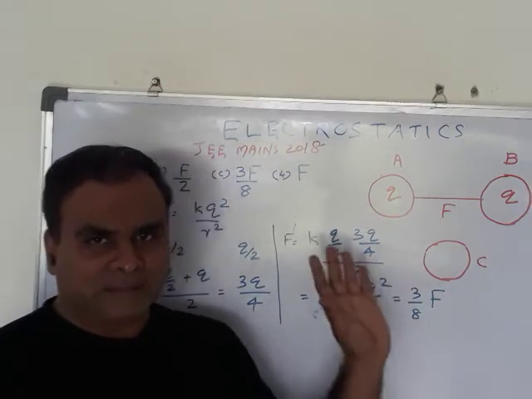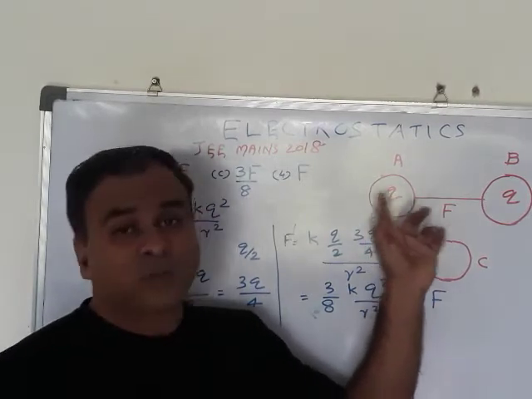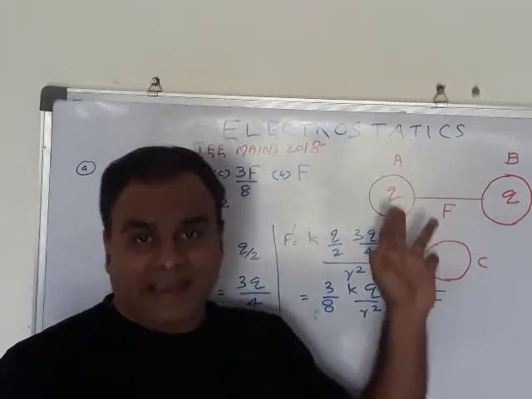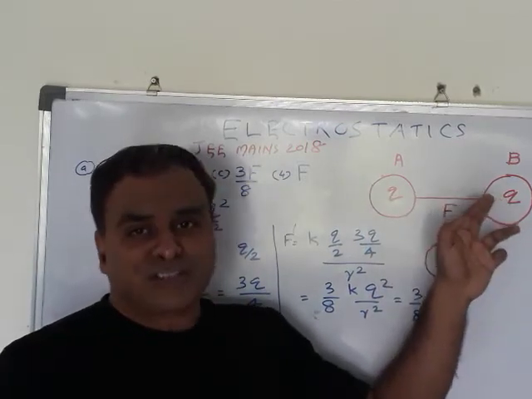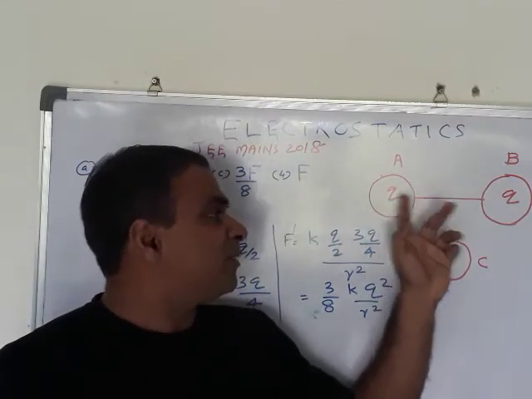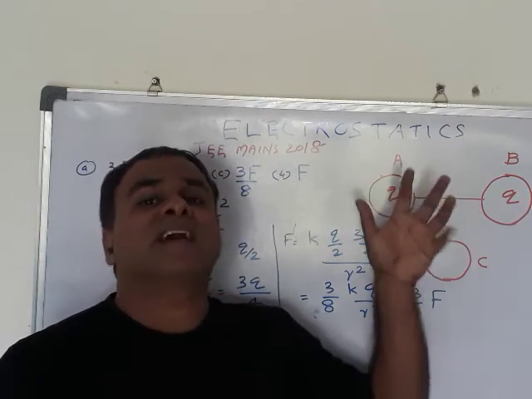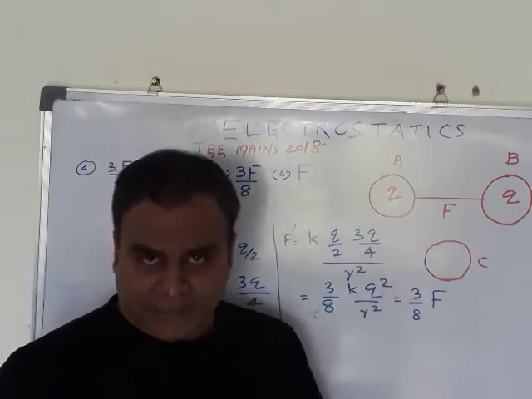So we have the situation now: two spheres A and B, and actually all these spheres are identical. A and B are charged. Let us assume that Q is the charge, and their separation is very much higher than their diameters.